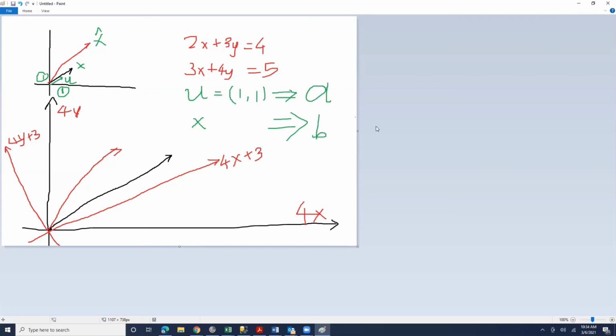Okay, some letter basically to represent the same thing. So if u becomes a, then x becomes b under the same transformation, right? Because if you had 2 lines drawn on the original paper, after rotation, both those 2 lines will end up at 2 different places, right? They would have also changed.